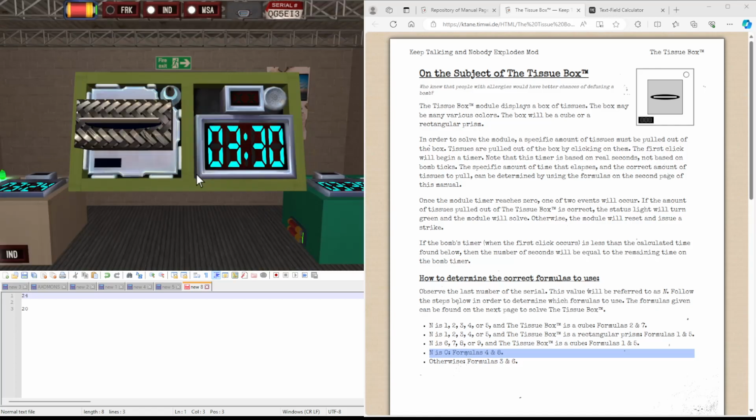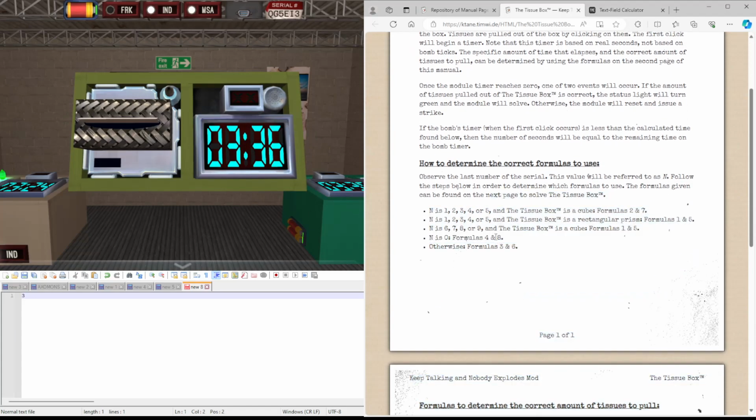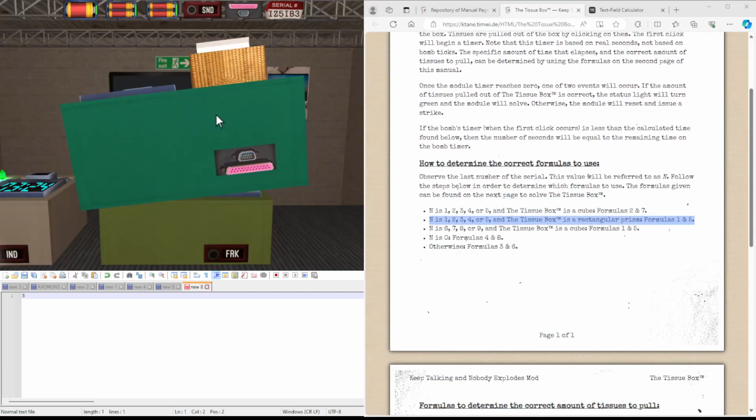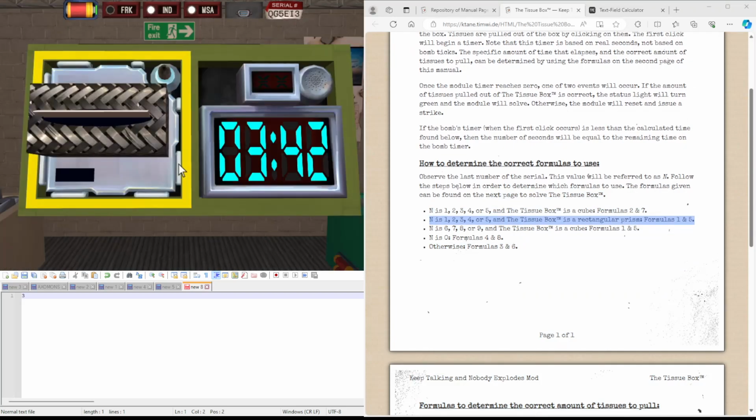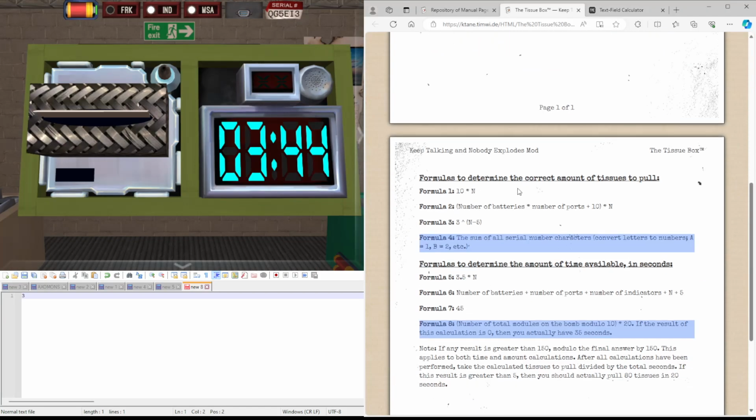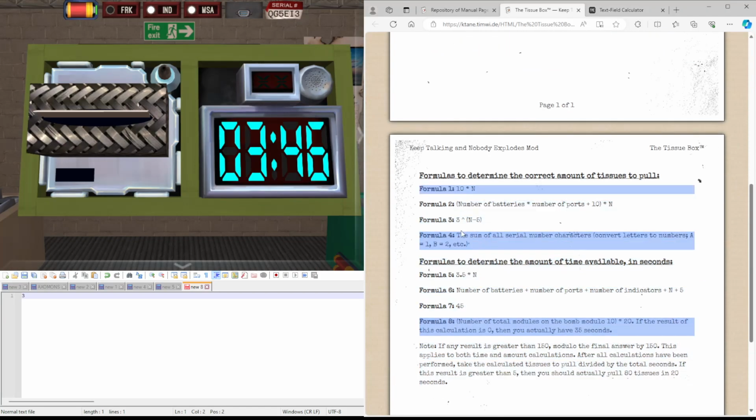Let's do another example. So in this case, n is 3, and the box is a rectangular prism. So we'll be using formulas 1 and 5 this time.